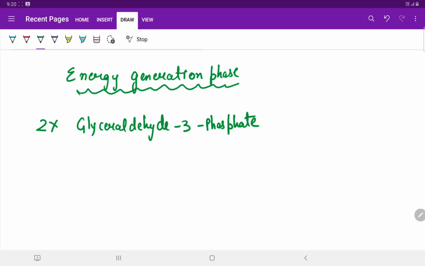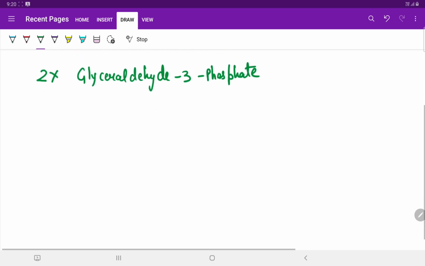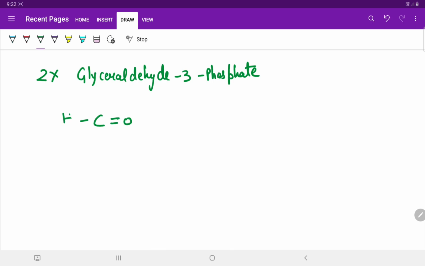First of all, let us draw the structure of glyceraldehyde 3-phosphate. It is a 3-carbon compound. So this is the structure for glyceraldehyde 3-phosphate.